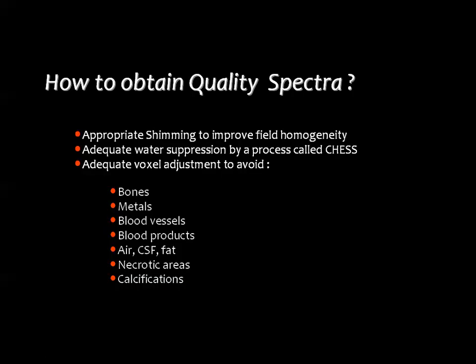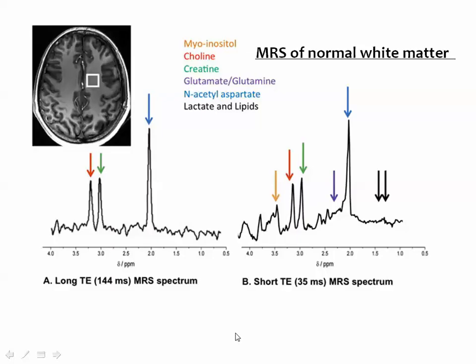It's very important to avoid bones, metals, and blood vessels, metals like the surgical stitches, sometimes some of the foreign bodies and others, blood products, air, CSF, fat, and the necrotic areas if you can, and also the areas of calcification.